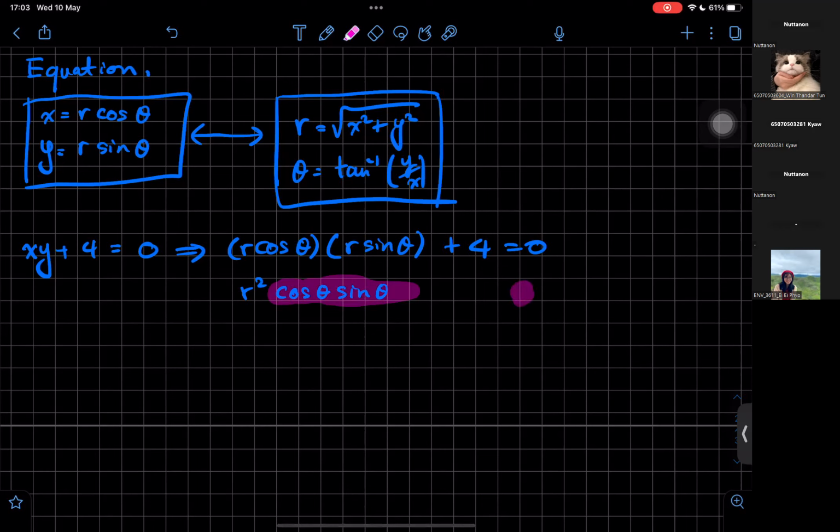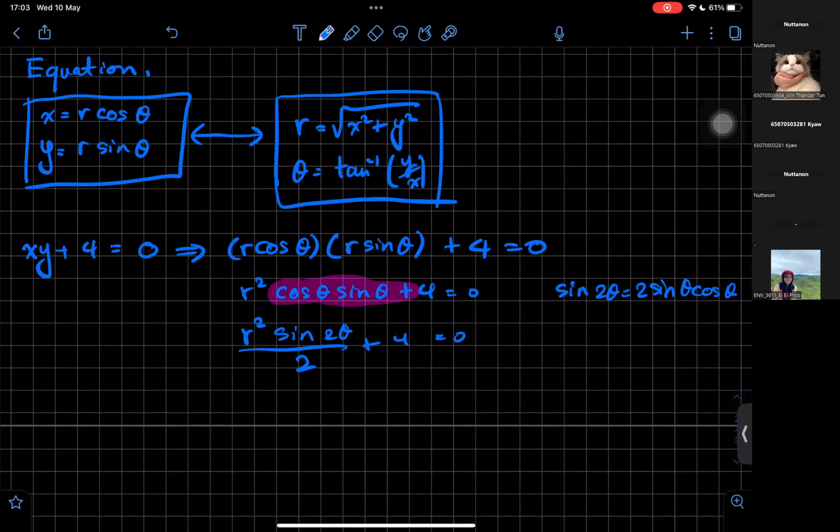If you use sine of 2 theta is equal to 2 sine theta cos theta, then this thing plus 4 can become r squared sine of 2 theta over 2 plus 4 equal to 0, like this.